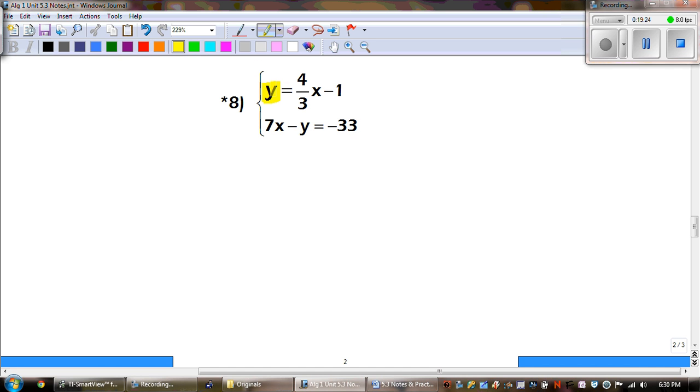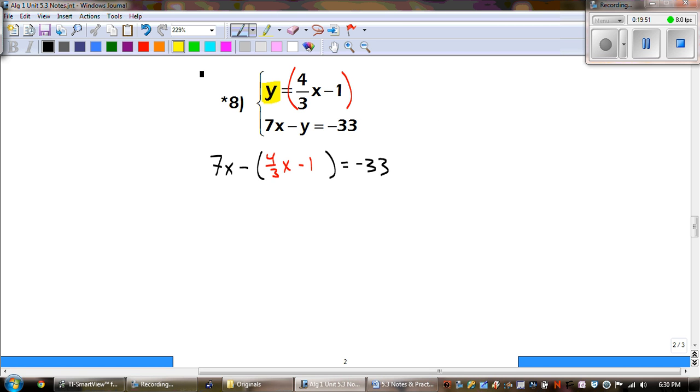Okay, I notice that the y is by itself, so that's what I'm going to put inside parentheses. And so we have 7x minus, and then in parentheses, that's where we're going to put the 4/3 x minus 1, equals -33.